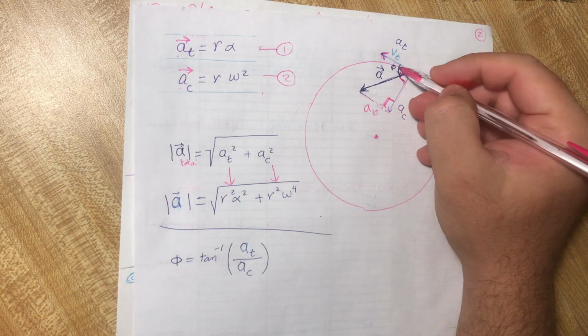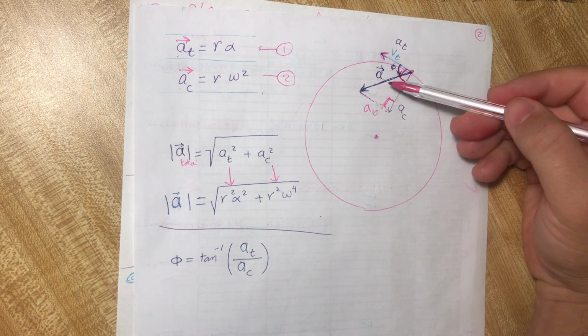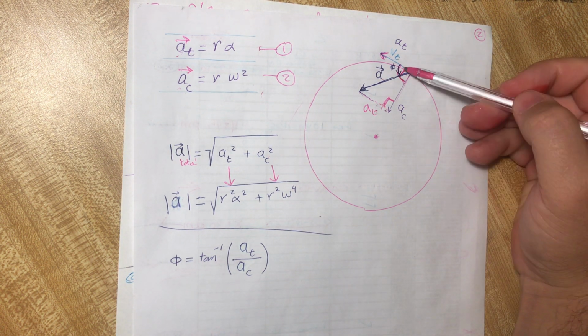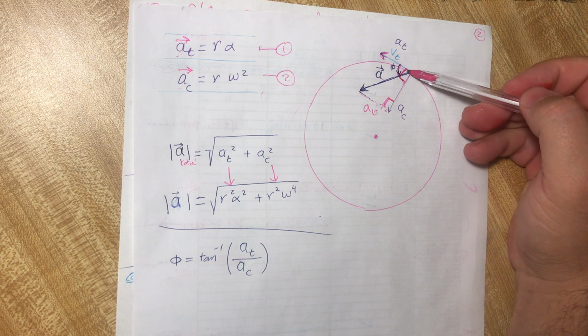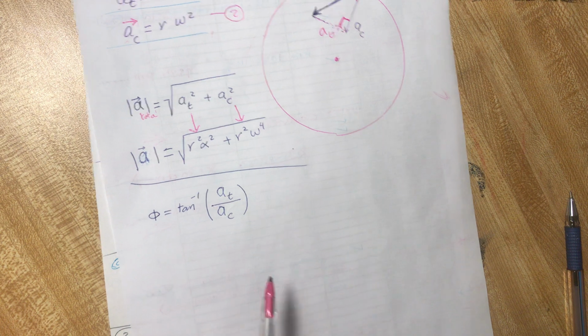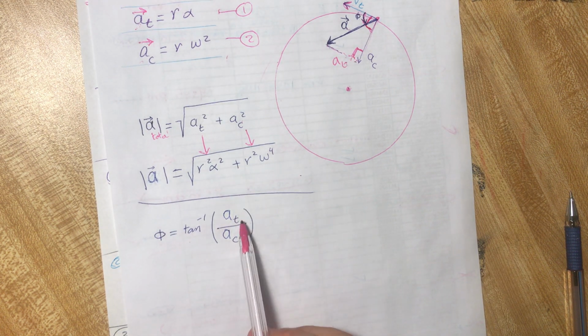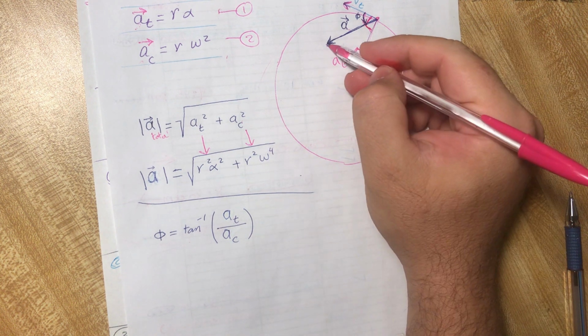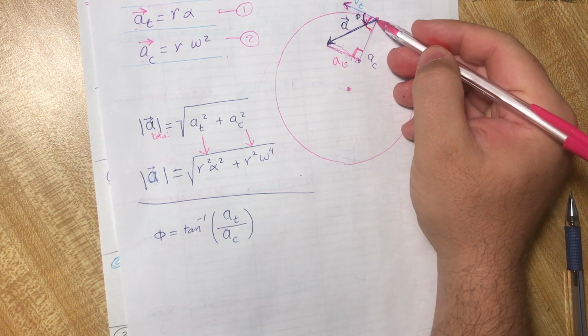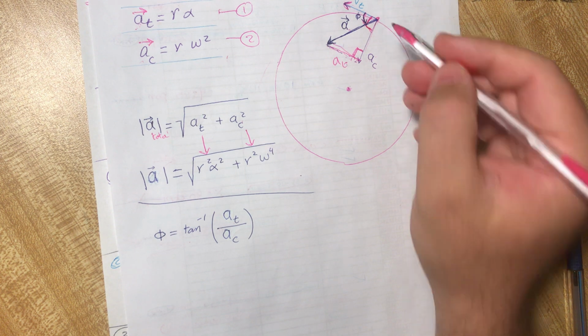We also need to find phi, the direction of this total acceleration, which is phi from the tangential direction for this circle. Phi is equal to tan inverse of AT over AC.